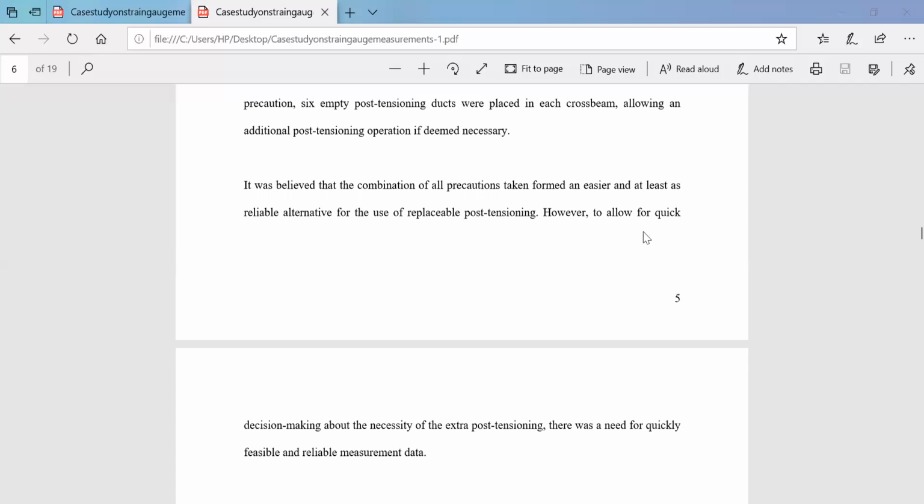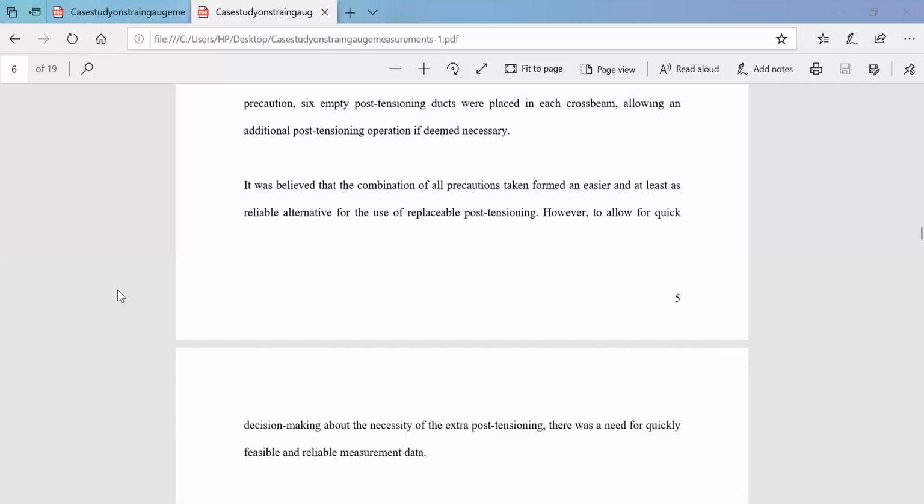But still, to allow quick decision making about the necessity of extra post tensioning, you will always need quickly feasible and reliable measurement data, because they have to measure quickly whenever there is a post tensioning lacuna formed due to deformation or the wrong selection of material in the slurry wall. To identify why these post tensionings are coming into the picture, you need some immediate results.